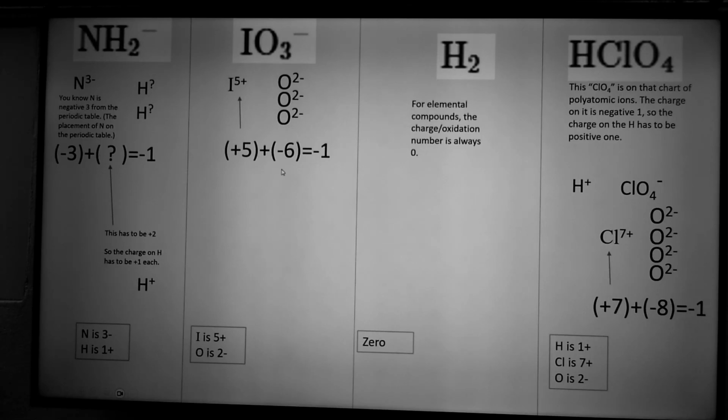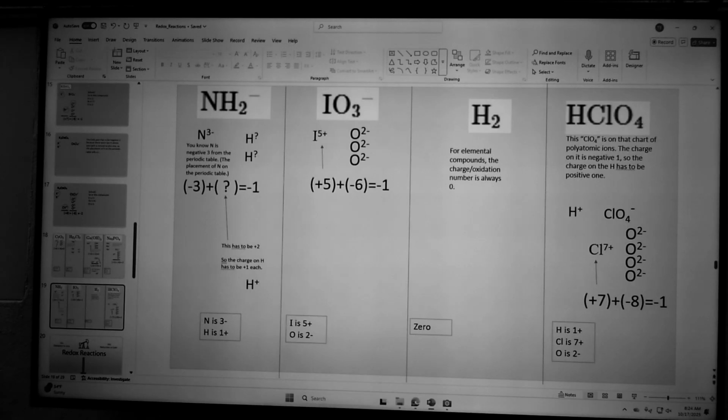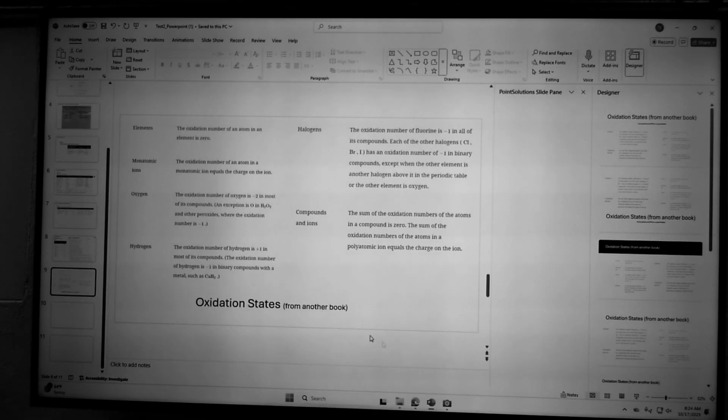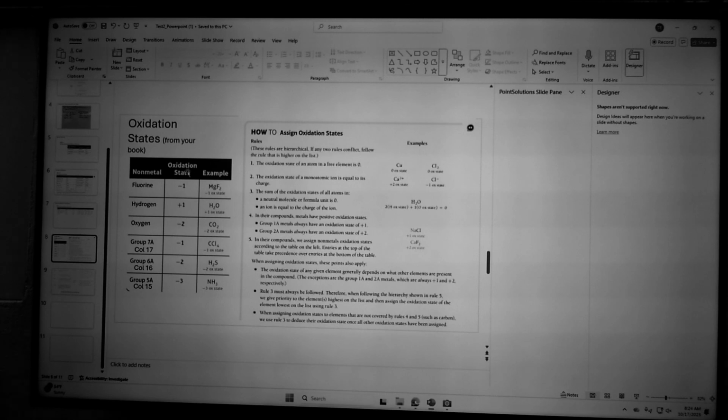The reason I keyed on the nitrogen is this. I'm following this hierarchy. And nitrogen is here in column 15. So I keyed on that one, assigned it a -3 first. Maybe you have to read through this to see why I did that, but I didn't automatically go to hydrogen. I went to the nitrogen because it's in this list.